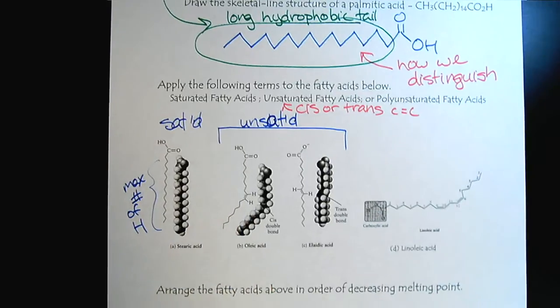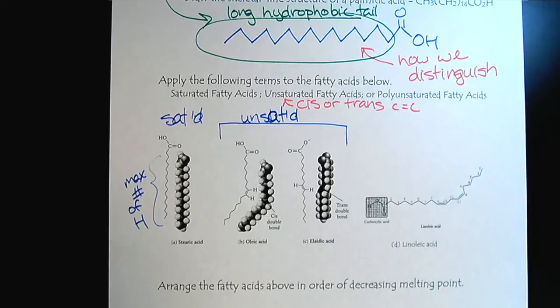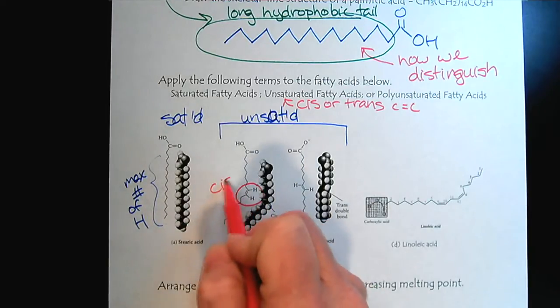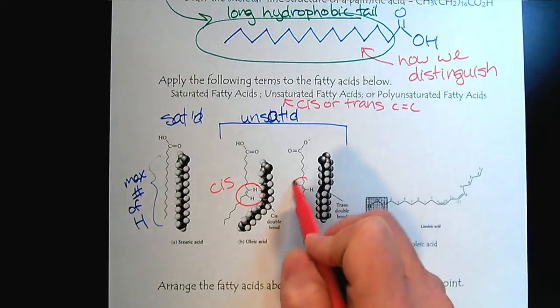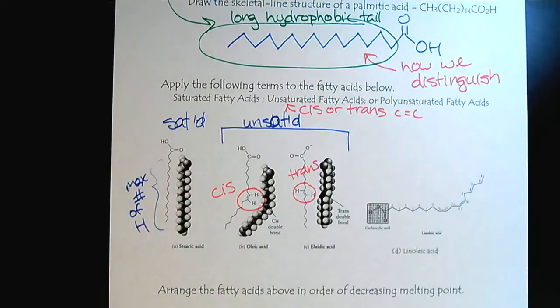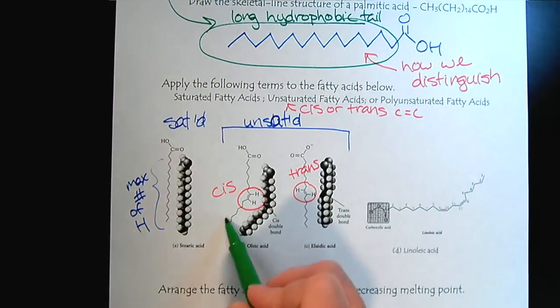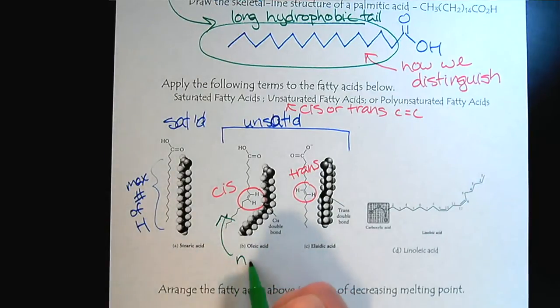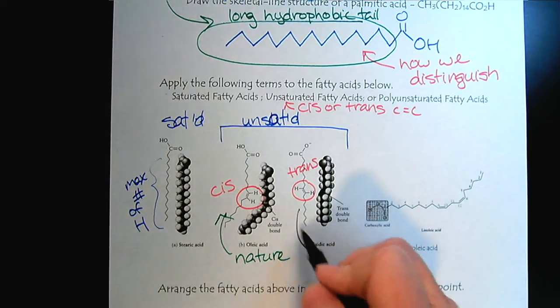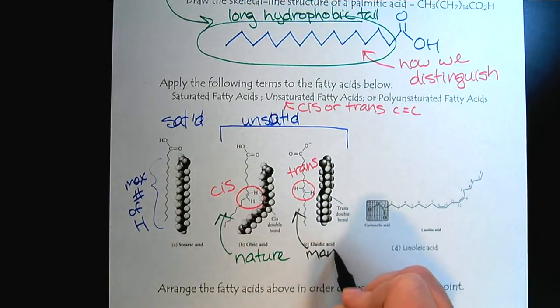So now we can further distinguish between the unsaturated fatty acids. Here we would see a cis double bond, and here we would see a trans double bond, right? And so then we want to keep in mind that in Mother Nature, we only find cis double bonds, and that trans double bonds, right, are man-made.